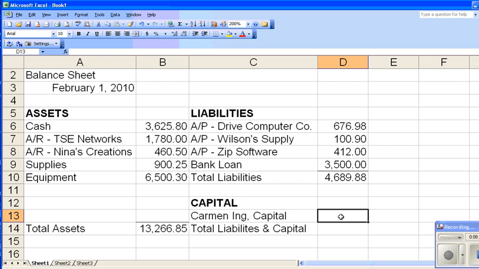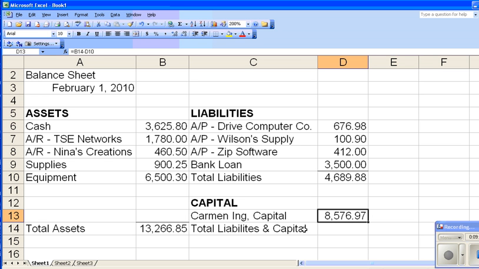So I'm going to ask you to go to the cell beside Carmen Ng Capital, and we're going to make an equation equals B14, because that's where our total assets are, and subtract D10, because that is the total of our liabilities. And if you recall, assets minus liabilities equals capital. We've now determined that Carmen's capital is worth $8,576.97.